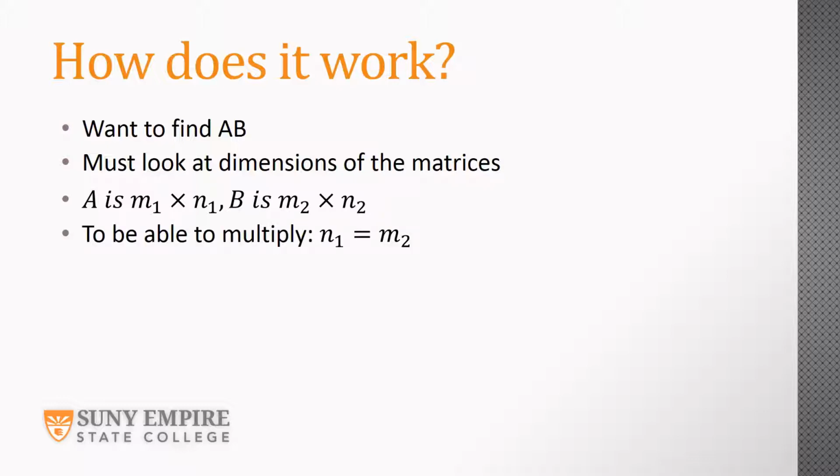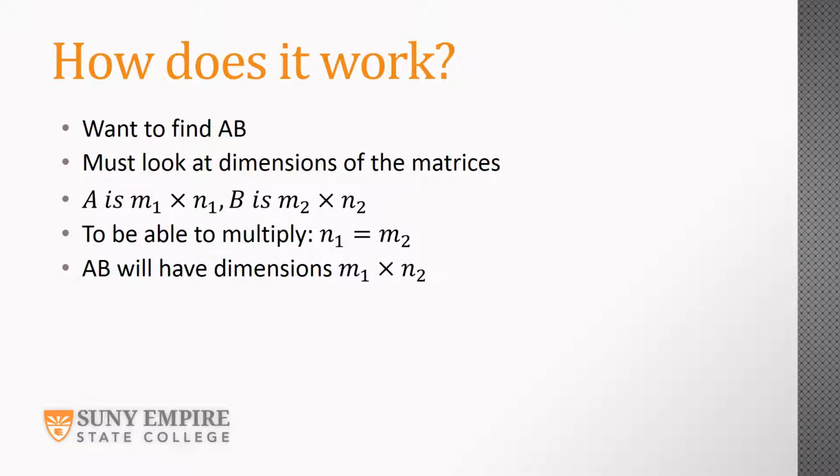For the multiplication to be possible, n sub 1 must equal m sub 2. That is, the number of columns of matrix A must be the same as the number of rows of matrix B. If they are equal, then the resulting matrix AB will have the dimensions of m sub 1 by n sub 2.